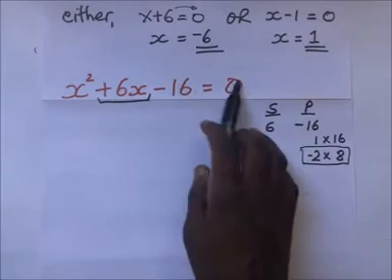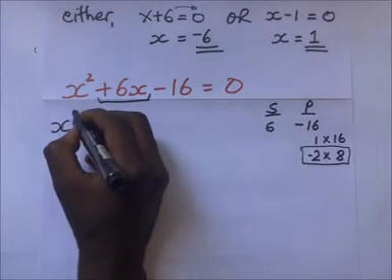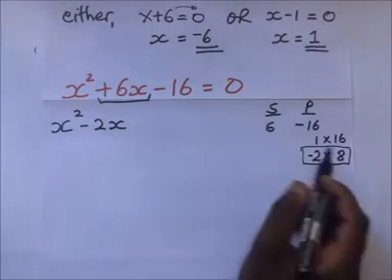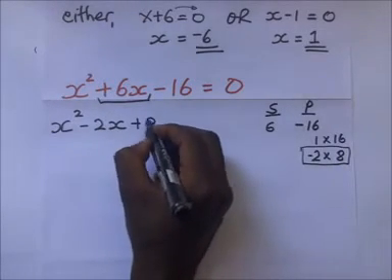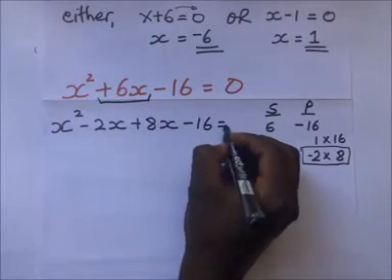So it means after this, our next step is going to become x squared minus 2x, this is positive 8, so it is plus 8x, minus 16 is equal to 0.